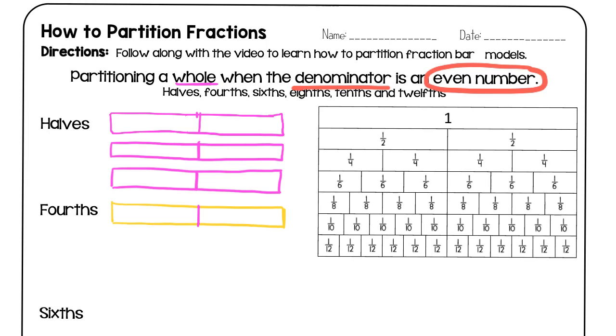But when we look here, when we split it in half, our fourths are exactly half of a half. So I'm going to split this half in half. Now I have 1/4 and another fourth, and then split this half in half. And I have another fourth and another fourth. So we went from having half and half to having 4/4.